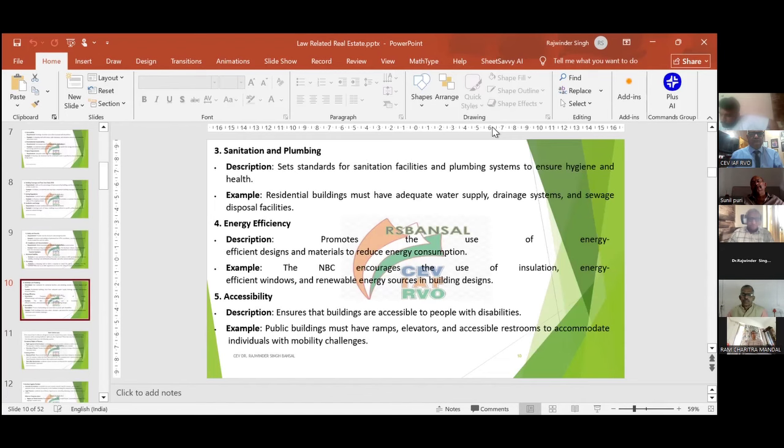Then sanitation and plumbing. So it sets standards for sanitation and plumbing systems to ensure hygiene and health.